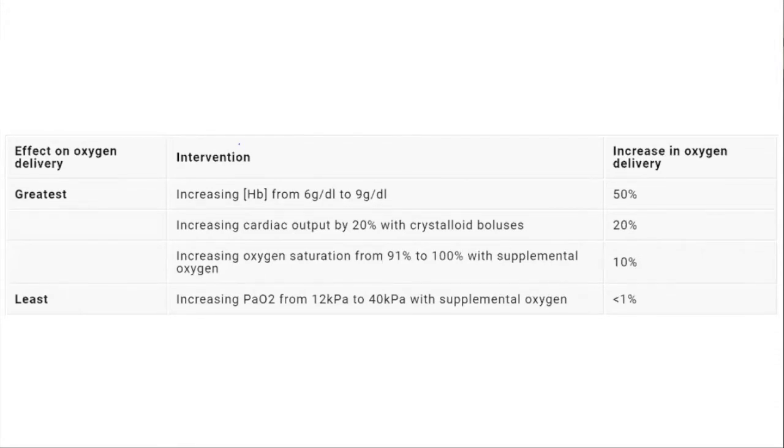In reality, for the top two things, if you gave a blood transfusion, you would both increase the hemoglobin level and also increase the cardiac output because you'd increase the circulating volume. But then also putting some oxygen on them through a non-rebreathe mask in an acute setting would mean you're able to boost those oxygen saturations as well. So those are the three main things that you're thinking about.